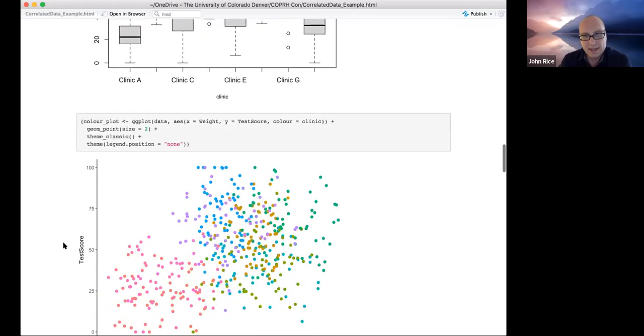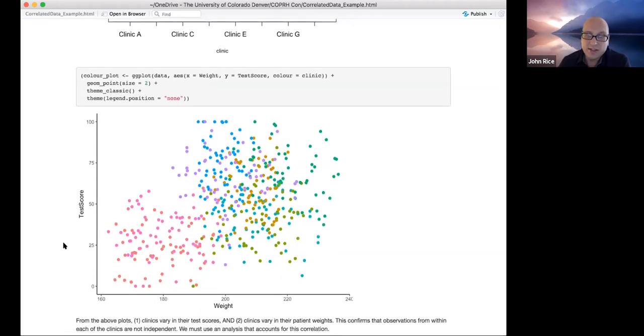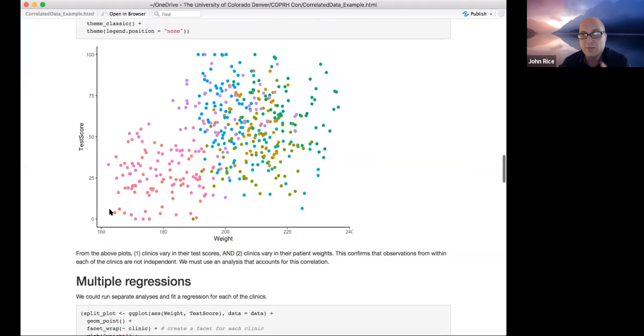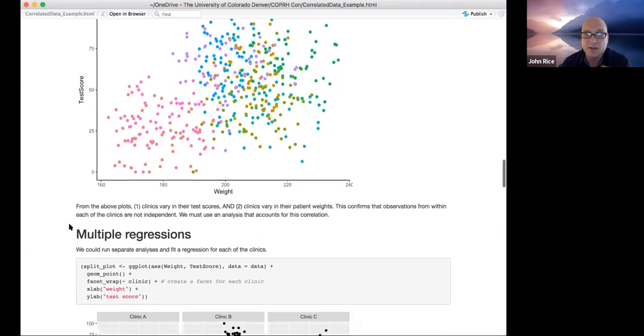And then kind of in more detail, we can look at the association between weight and test score by clinic, and the clinics here are color coded. So you can see that the different clinics have kind of a different joint distribution of weight and test score. So this is further indication that we may need to consider something like a mixed model.